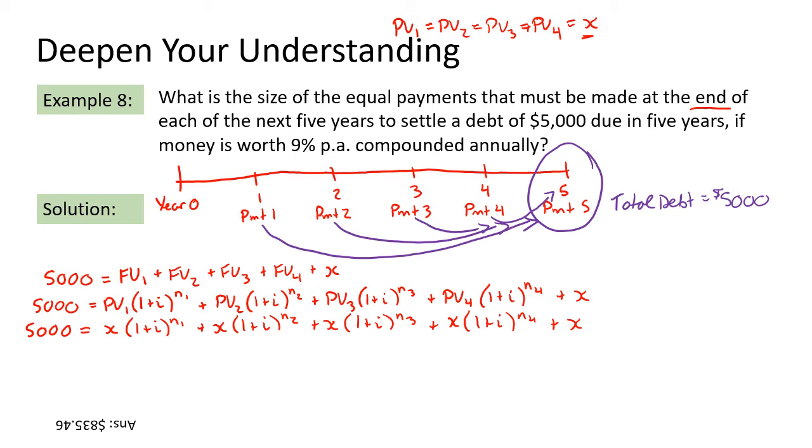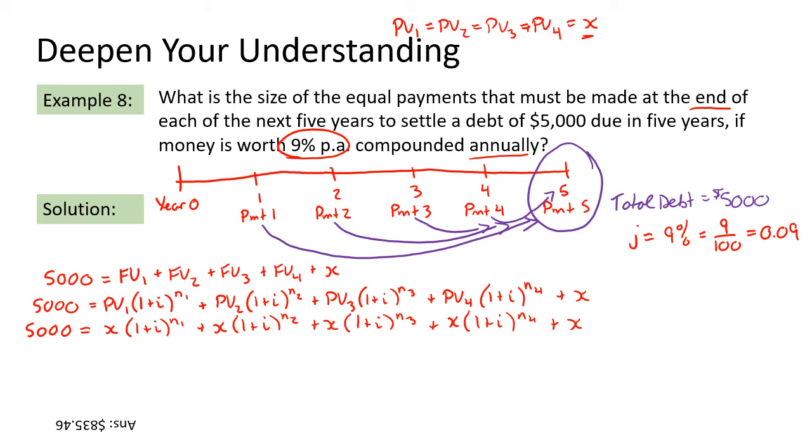Okay, so now for each of these payments, remember again in this question, we're only given one interest rate and then it's compounded annually for every single one of them. So that means your number of compounding periods per year, m, and your periodic interest rate, i, will be the same for all of them. So calculating those first, we know that our nominal interest rate in the question is 9%, which is equal to 9 divided by 100, removing the percentage sign, which is 0.09. m is really simple.